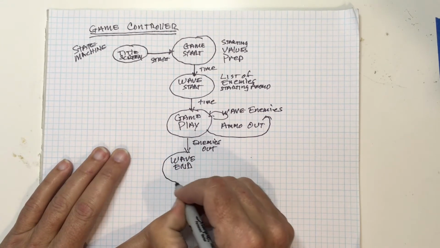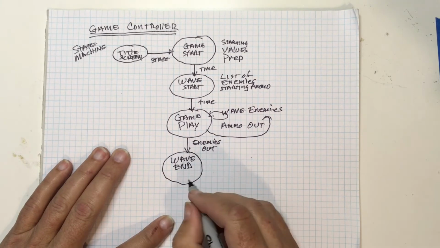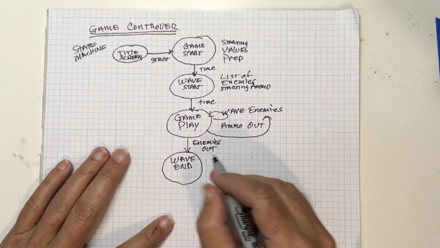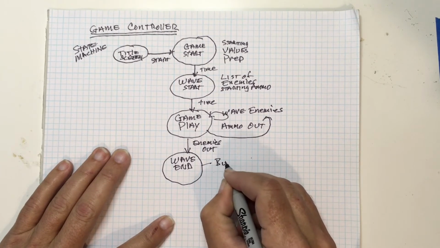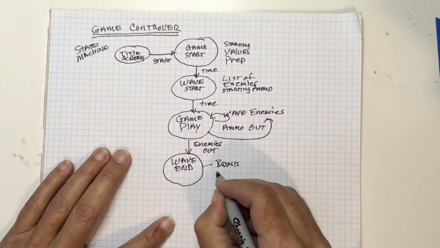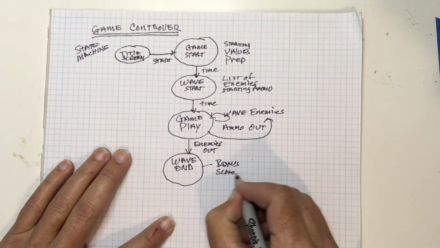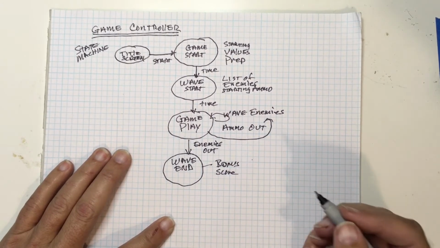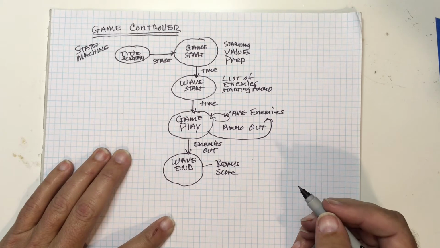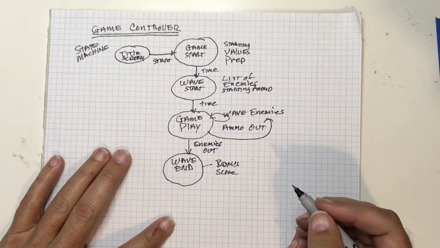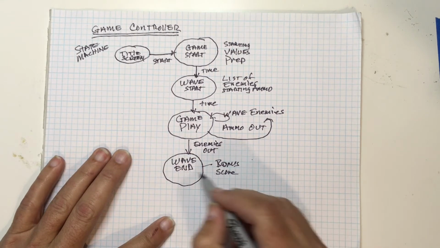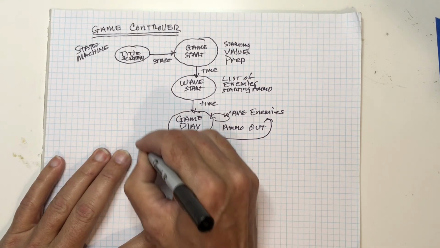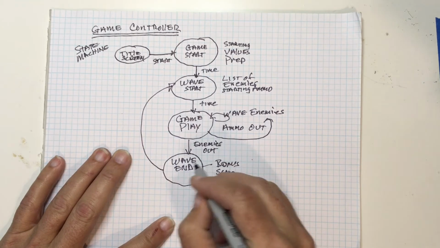They're no longer around. Okay, so the wave end happens, and this is where we look at the bonus score, add up all the score, and add up whatever we have left in ammo. After it does this, it will go back to the wave start and start the next wave.